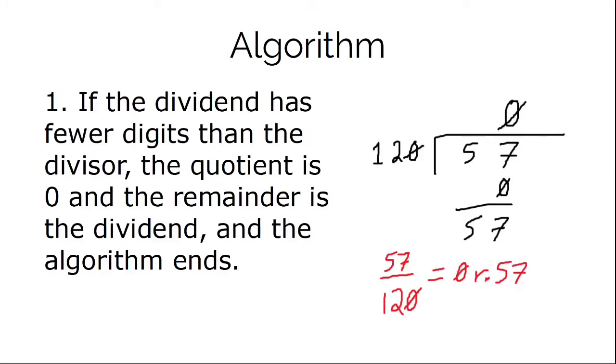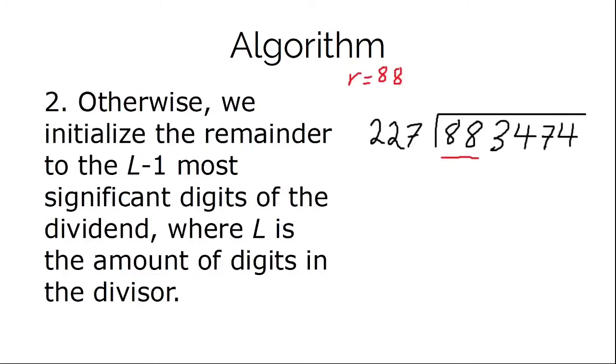So there is absolutely no way that you can get a multiple of the divisor that is greater than 0, but that is also less than the dividend. Now, in our example here we have 57 divided by 120, and this just gives us 0 remainder 57.